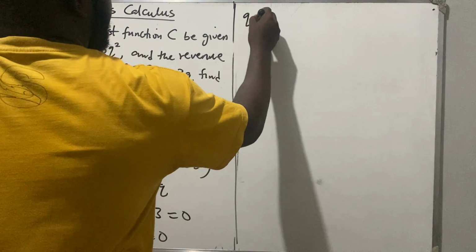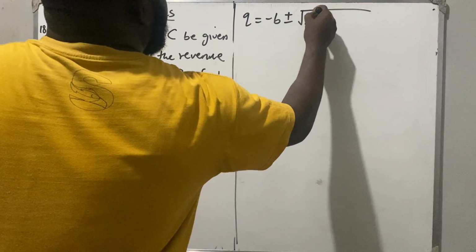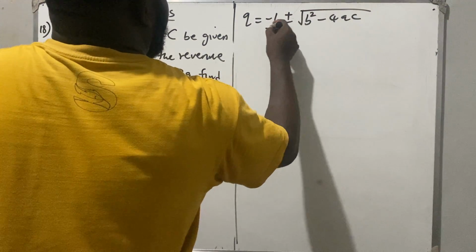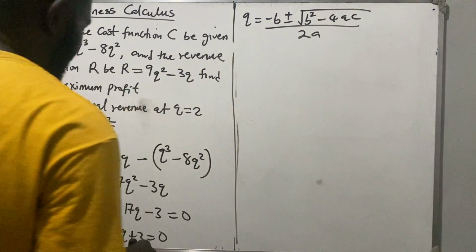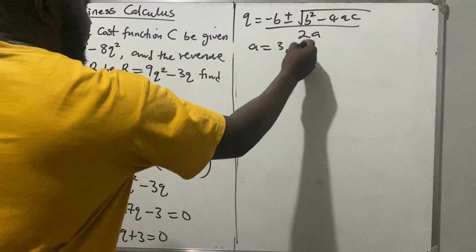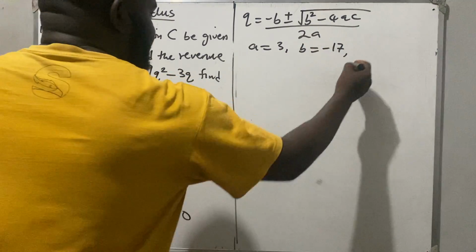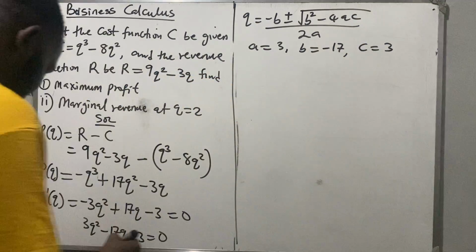Q is equal to minus B plus or minus the square root of B squared minus 4AC, all over 2A. This is the quadratic formula. My A is the coefficient here, which is 3. My B is the coefficient here, which is minus 17. And my C is the 3 behind.